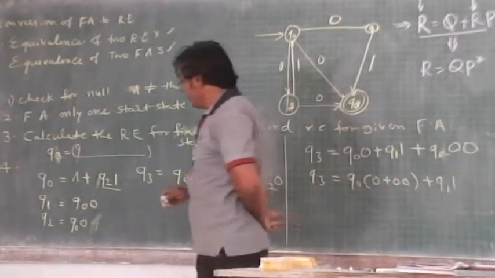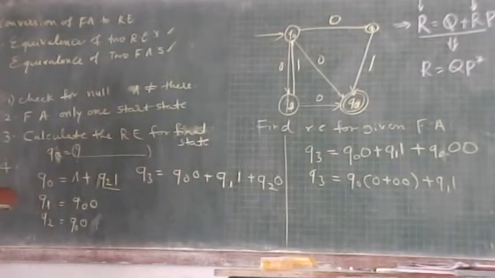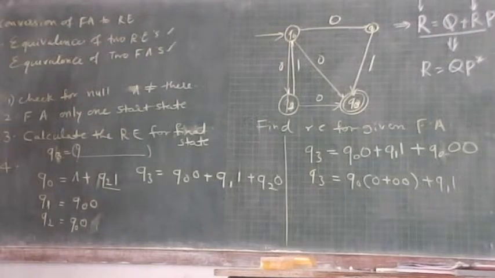What is Q0? Here you see, if I take these two expressions, you need some analysis. By substituting what in what can I get a simplified form?